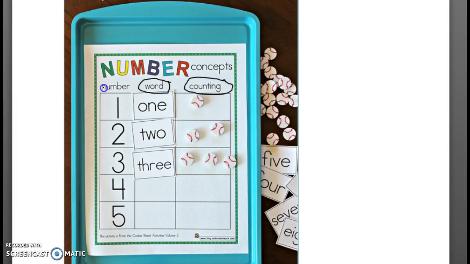However, it does have a mistake on it. That should not say number there. Hopefully you can answer the question, what should this say instead? It should say numeral, because the symbol that we use to represent numbers is a numeral.